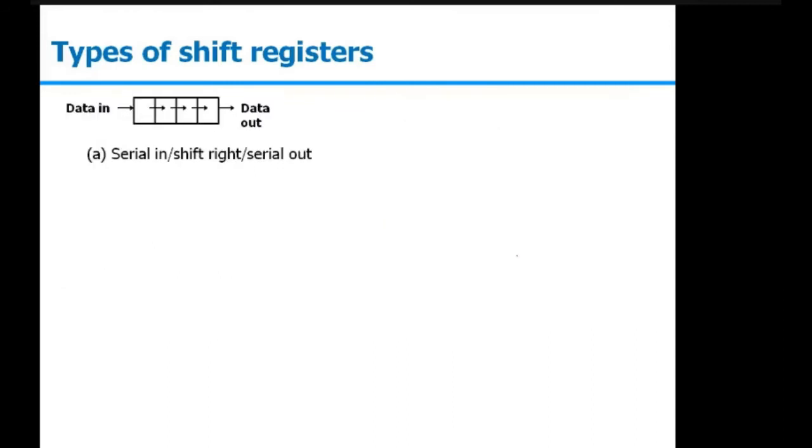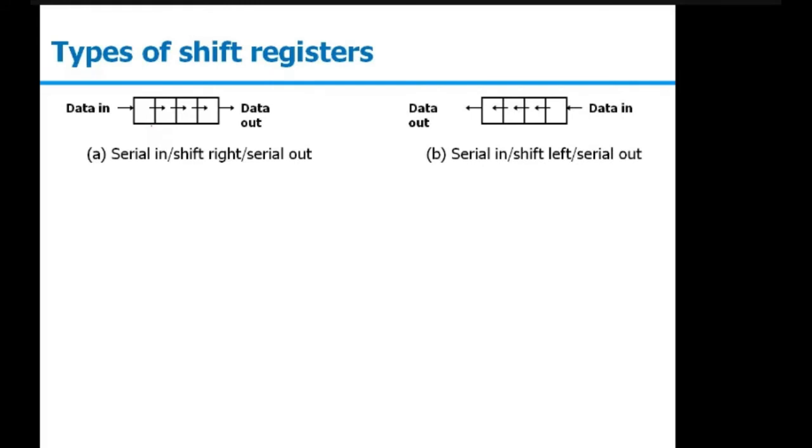If you see the block diagram of these 4, serial in, serial out, so data in serially and data out serially, and this is representing a shift right operation. Similarly, I can have shift left operation in the SISO. So both are examples of SISO only, but with shift left and shift right.